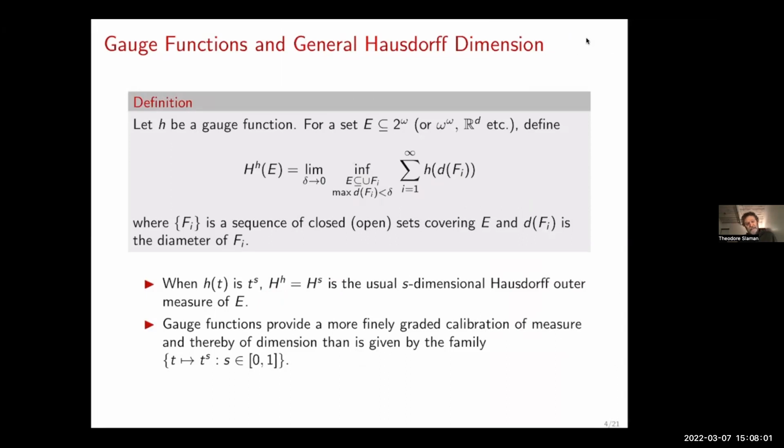The advantage to using gauge functions is that they provide a more finely graded calibration of measure and thereby of dimension than is given by the family t goes to t to the s. There's a lot of functions that can assign larger measure to intervals than t to the s does, but are still giving smaller asymptotic measure than t to the s plus epsilon for all epsilon.